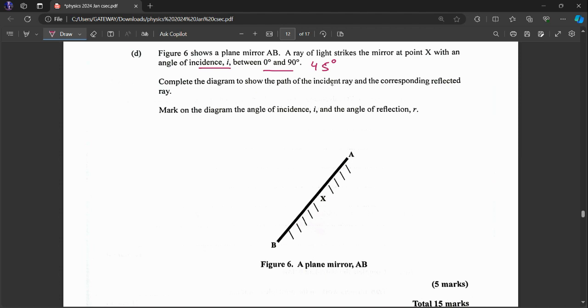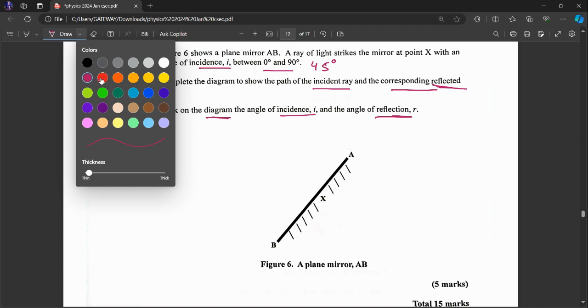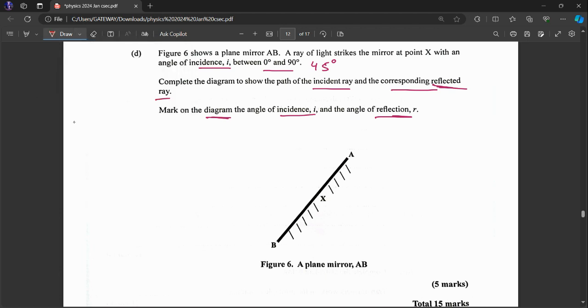So you might need a protractor for this. Complete the diagram to show the path of the incident ray and the corresponding reflected ray. Now notice they say reflected ray and not refracted ray. Notice they say mirror, as reflection. Mark on the diagram the angle of incidence and the angle of reflection.